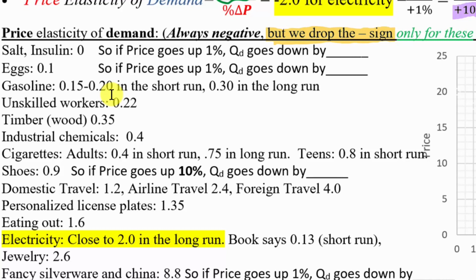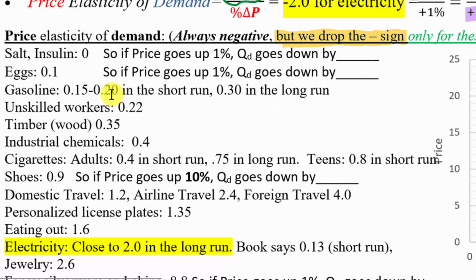What's the relationship? And always looking at this relationship in a percent change compared to a percent change kind of relationship. So, price elasticity of demand for these two products, salt and insulin, is zero, or very, very close to zero.